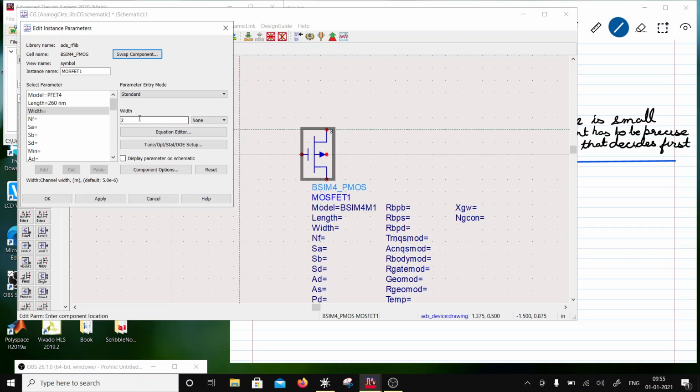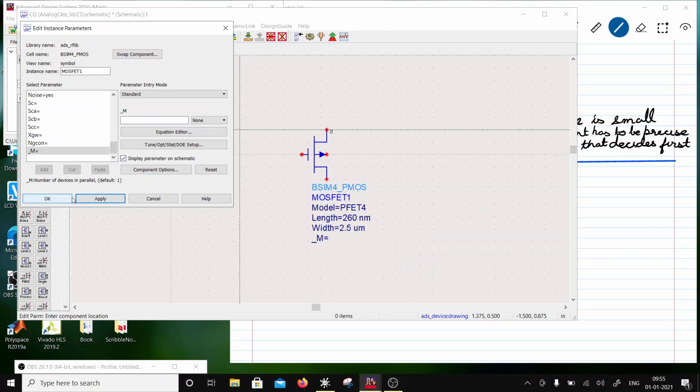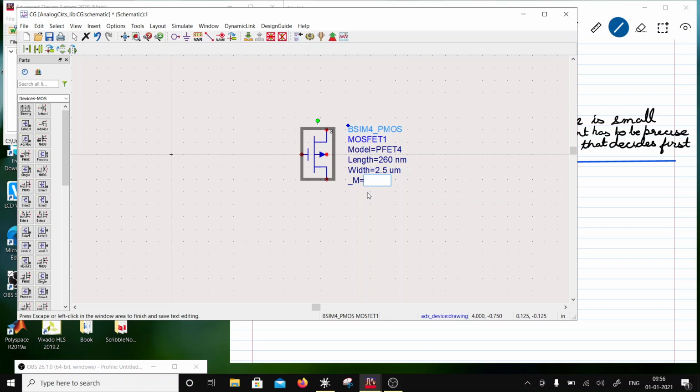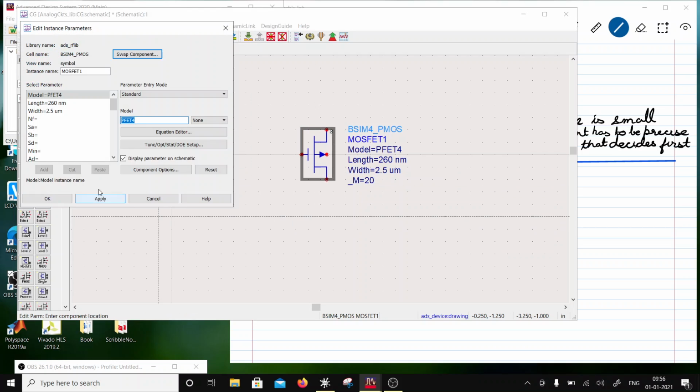The width is 2.5 micrometers, and the multiplicity is going to be 20. So that's the device we have. Now this M is 20, so multiplicity is 20.